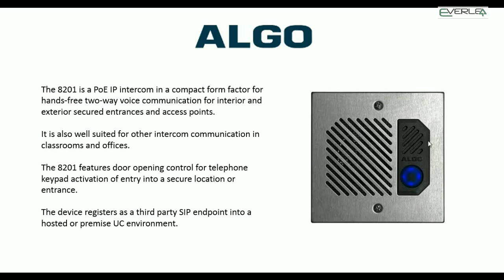So it doesn't matter if you've got a cloud, a local IP PBX or a dedicated building SIP server. As long as it is SIP compliant, not encrypted or proprietary, the Algo 8201 will work on it without any issues.